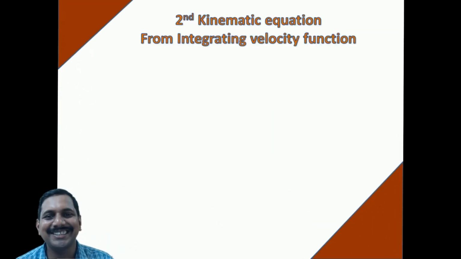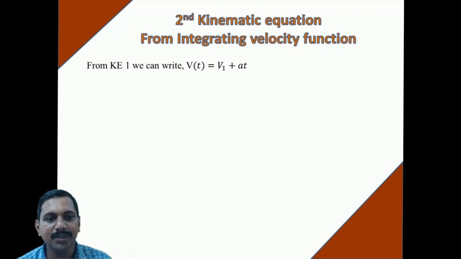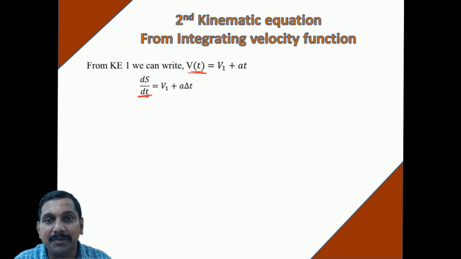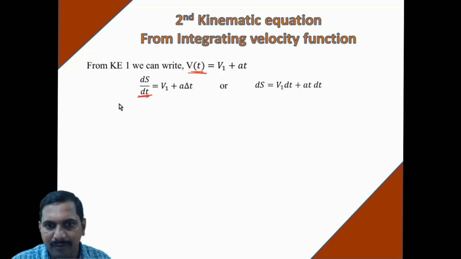Next, now the same thing in some other way. Let us take the second kinematic equation from integrating the velocity function. Let us look at that. From kinematic equation 1 we can write this. And what is v here? Velocity is nothing but change in displacement versus time, so we can write ds is equal to v1 dt plus at dt.